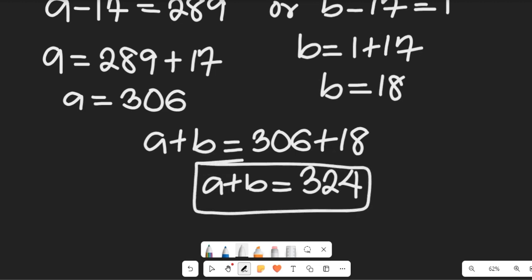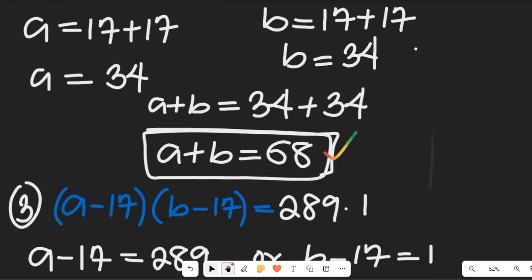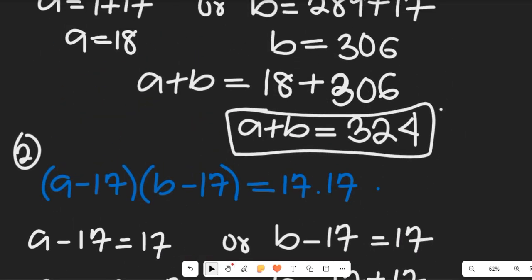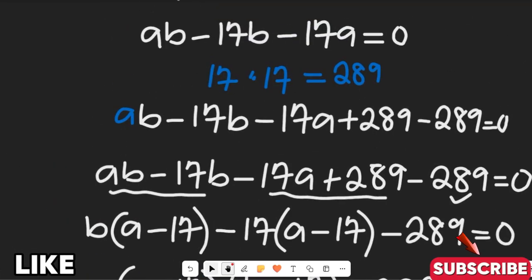So the solution to this expression, A plus B, can be 324, and it can also be equal to 68, just as we have been given up there.